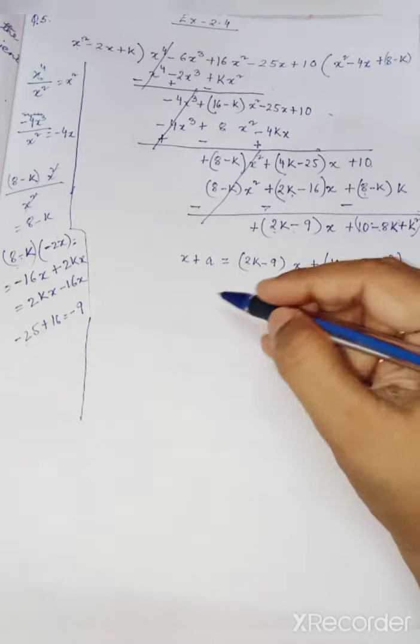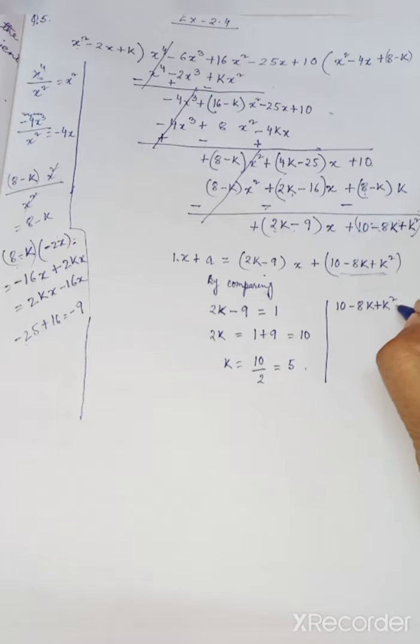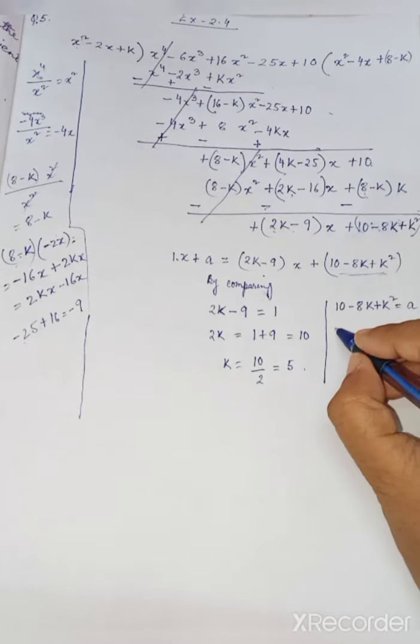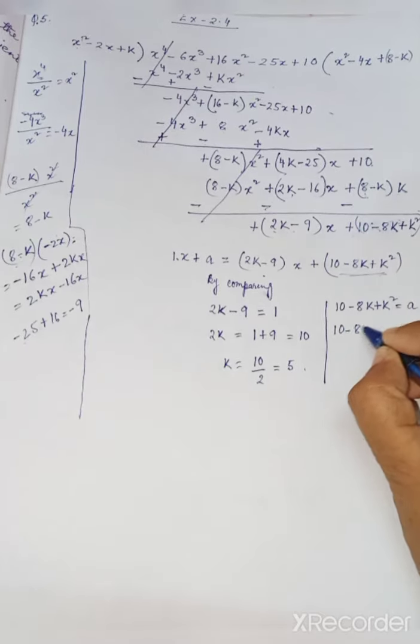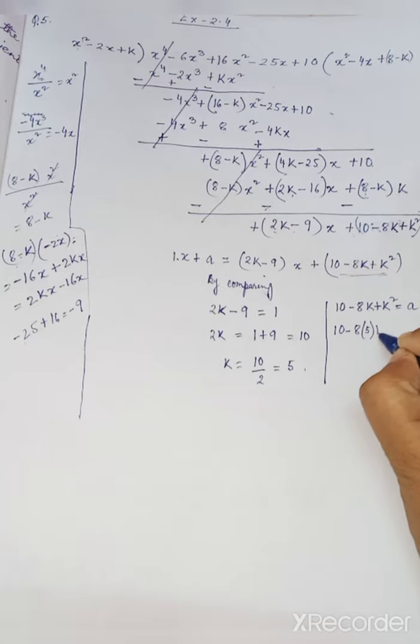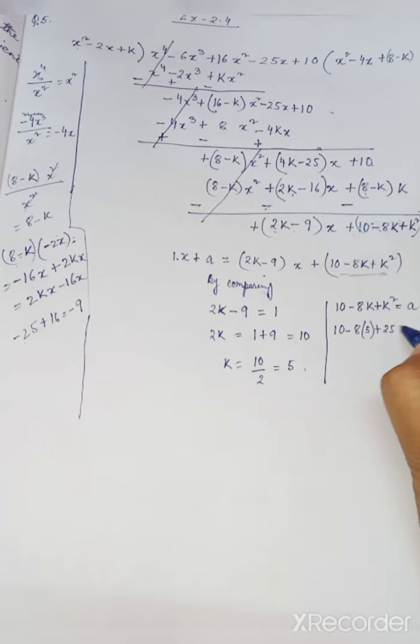Now we will put the value of k here. So that is 10 minus 8k plus k square, and this is the constant term, which according to the question is a. So 10 minus 8 into 5 plus 5 square, that is 25, equals a.